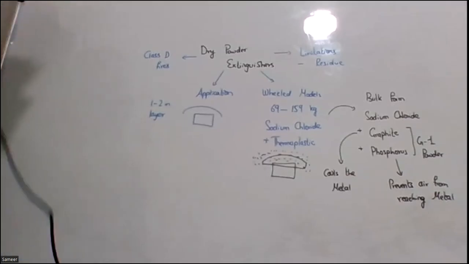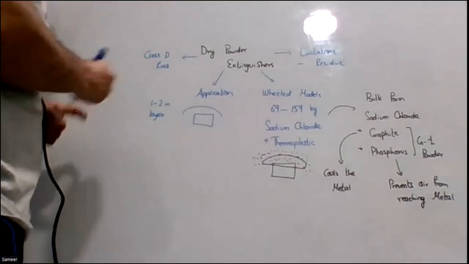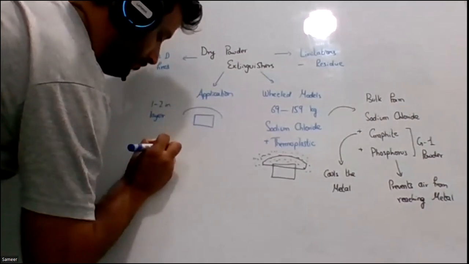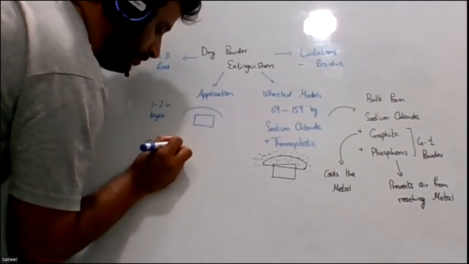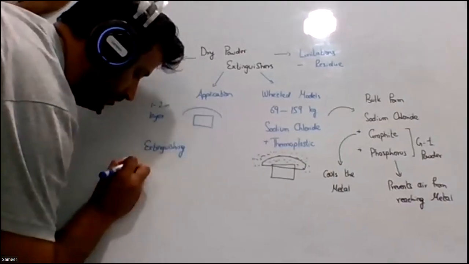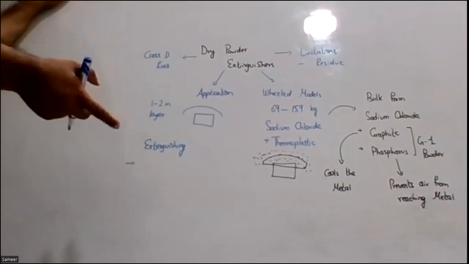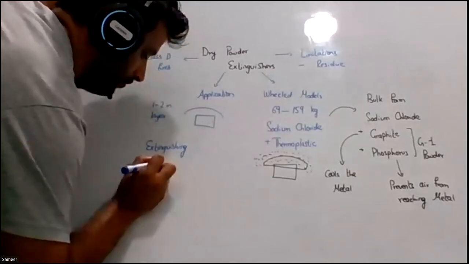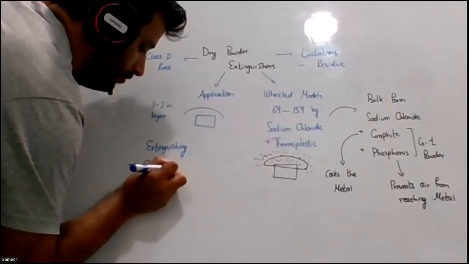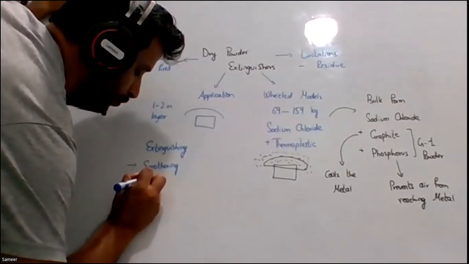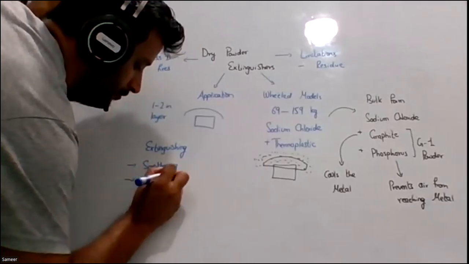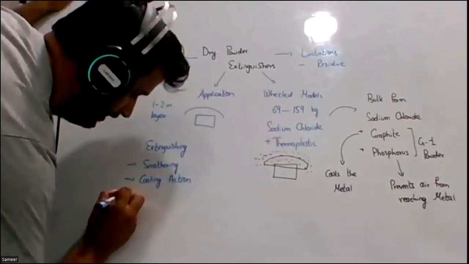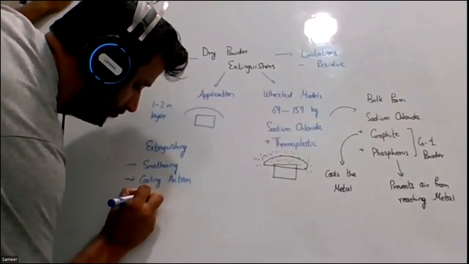If we talk about extinguishing mechanisms, the first is the smothering action, then the cooling action, because it absorbs a maximum amount of heat, and it also breaks the chemical chain.